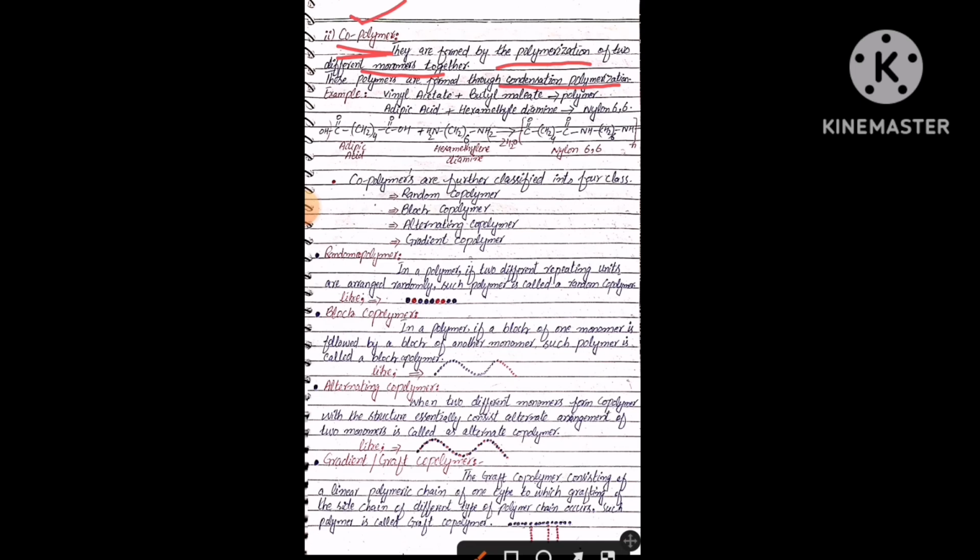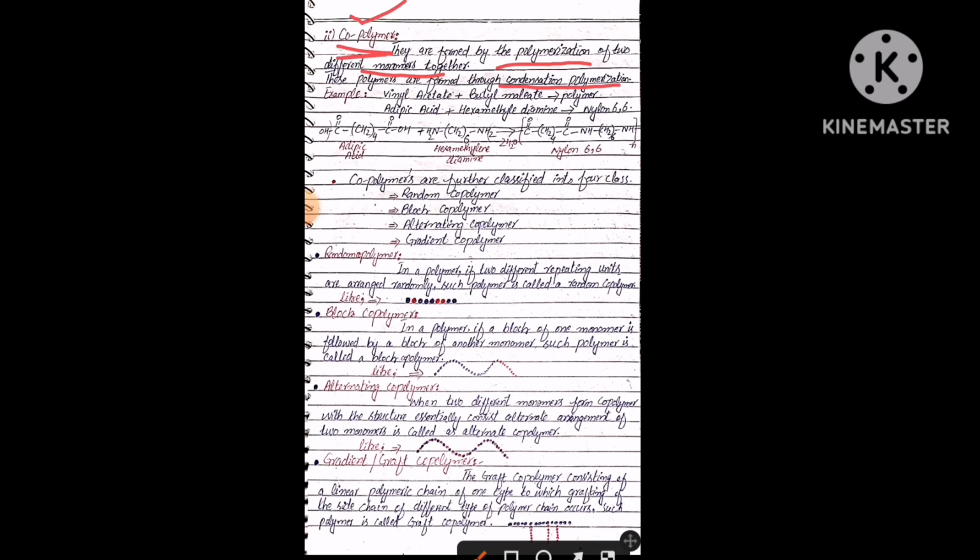The polymerization in which monomers having functional group combine to give product with the elimination of small molecule, either water, HCl or methanol, is called the condensation polymerization. Students, we will discuss addition and condensation polymerization in detail in coming lectures.